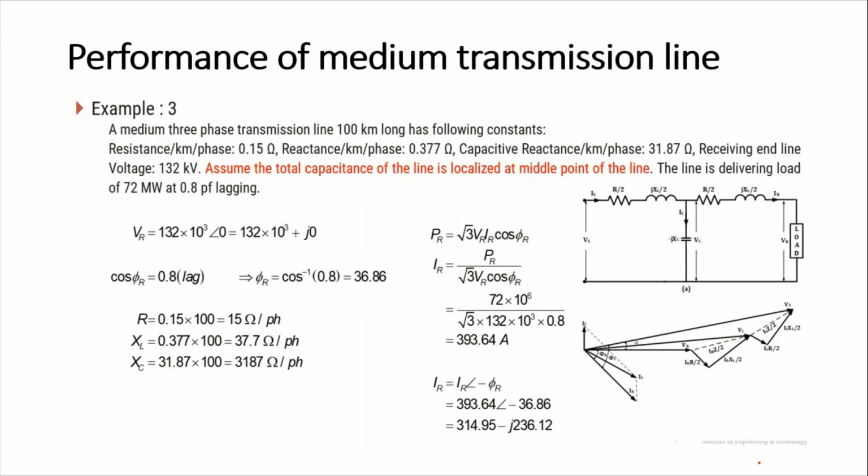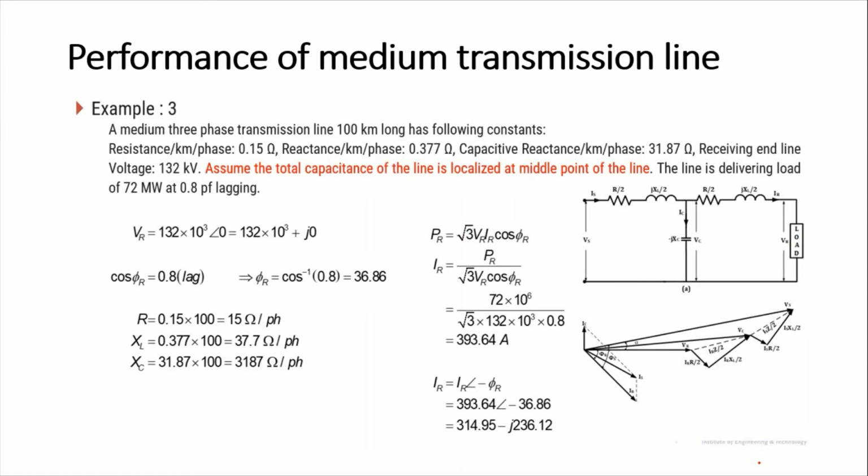Receiving end line voltage is 132 kV. Assume the total capacitance of the line is localized at the middle point of the line. Since this is clearly given, we take the nominal T method for the calculation.